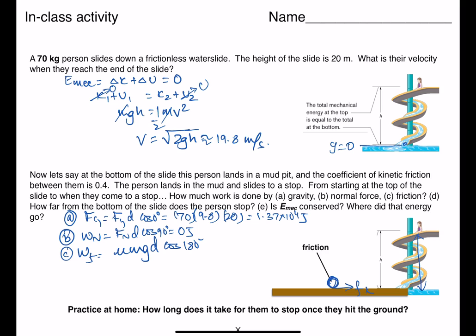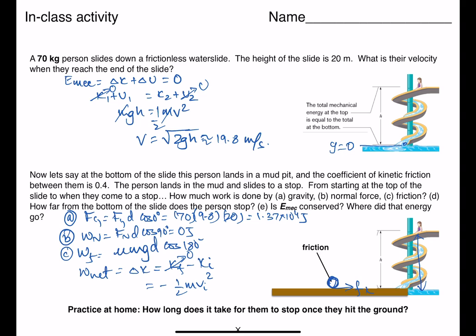So that is the work done by friction. While friction does the work, net work equals change in kinetic energy, which is kinetic energy final minus kinetic energy initial. Kinetic energy final is 0, so that is negative 1/2 mv initial squared.